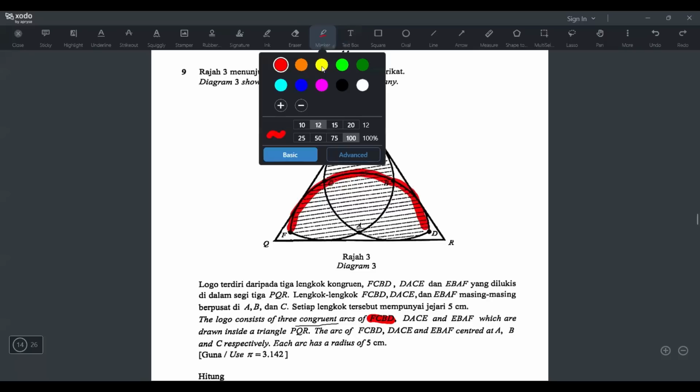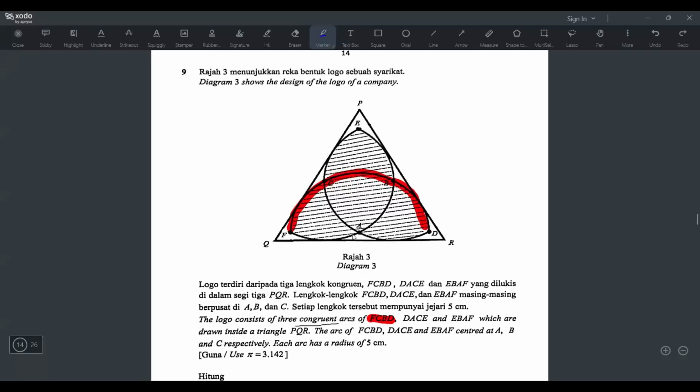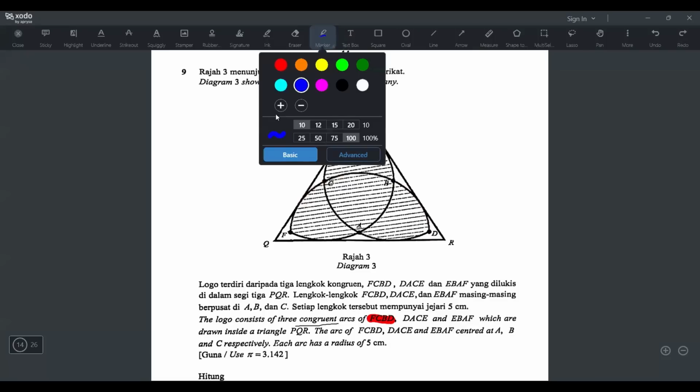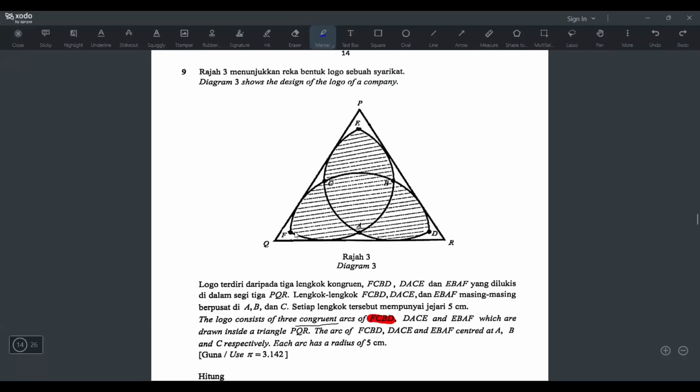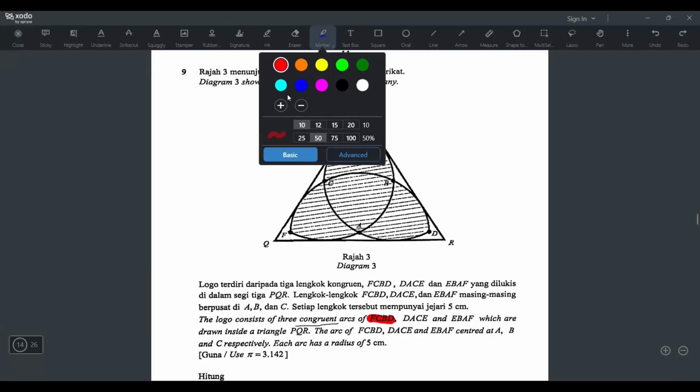Okay, and then let's use another color for DACE. Where is that? Okay, maybe not so thick. Maybe like this. Okay, DACE is like this, right? Wait, wait. Okay, okay, this is good. So yeah, let's do it one more time. Okay, okay.